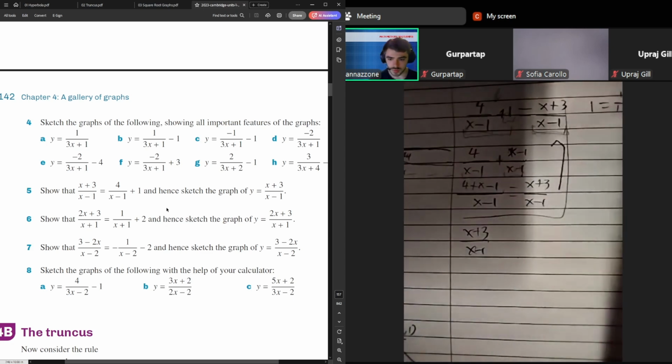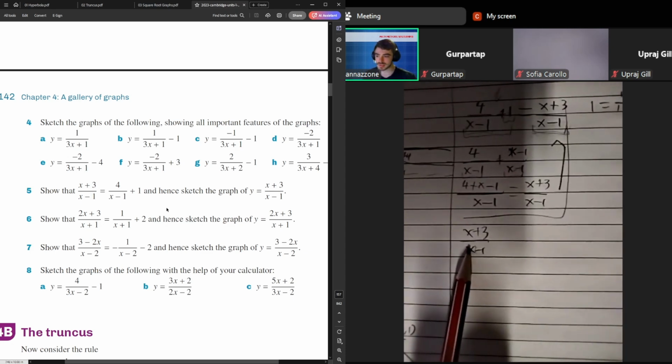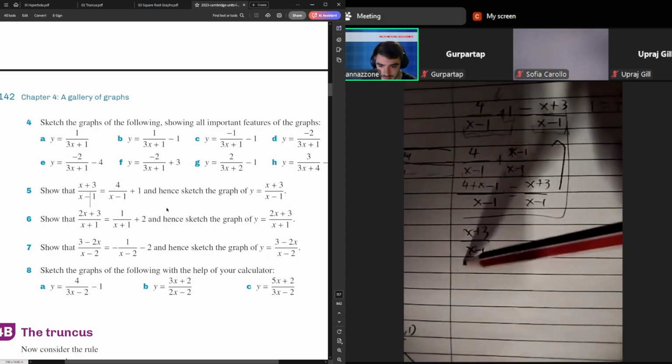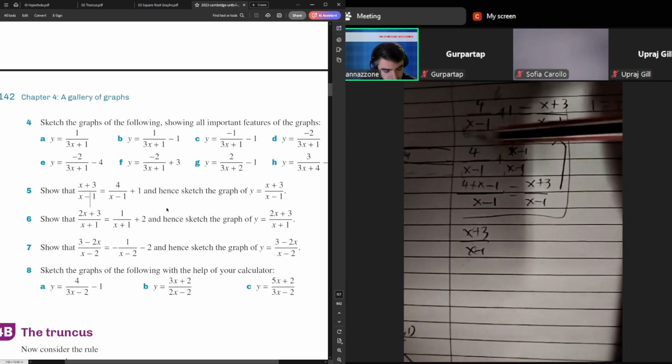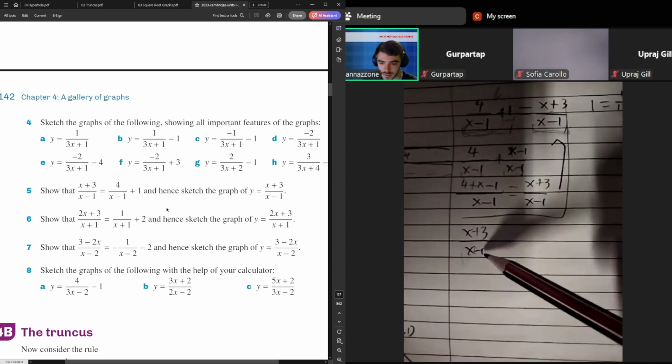But what I could do is rearrange it to make it look like something that I do know how to sketch. This is not currently, or at least not easily identifiable as, a hyperbola. This one is. These are the same as each other, right? These are the same thing. This, I can tell, has been shifted right by 1 and up by 1. This, I've got no idea.